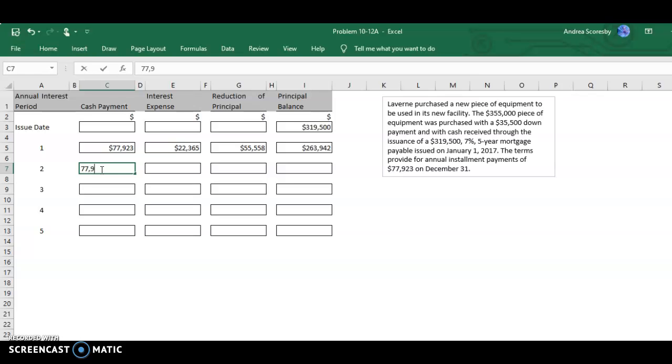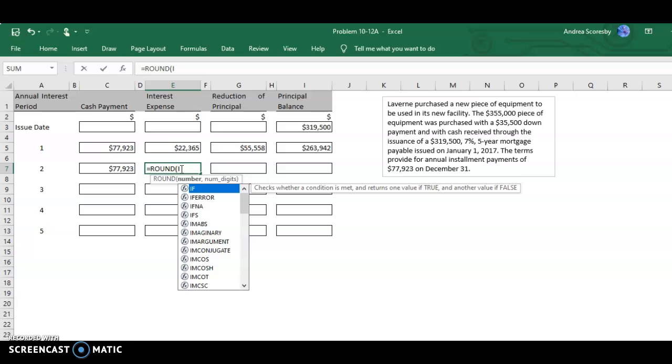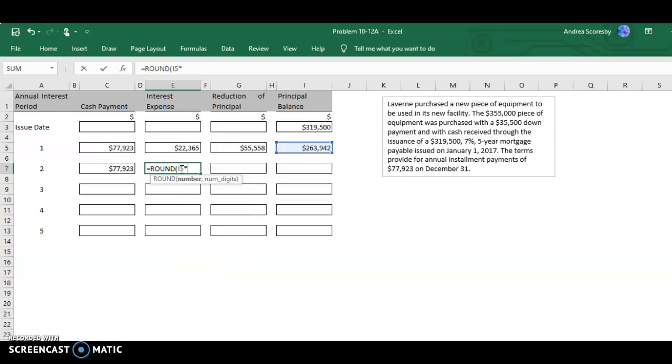So we know that the cash payment is going to stay the same. And so for the interest expense, again, we're going to take the principal balance from the previous year, $263,942, and multiply that by the interest rate of 7%. And that gives us $18,476.